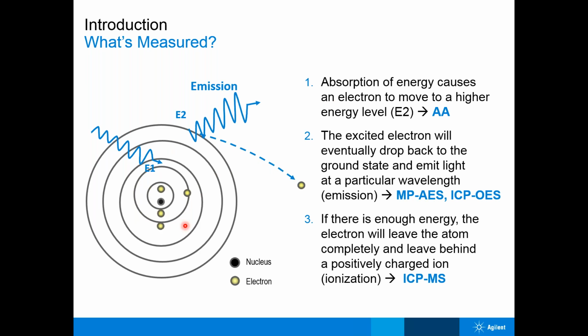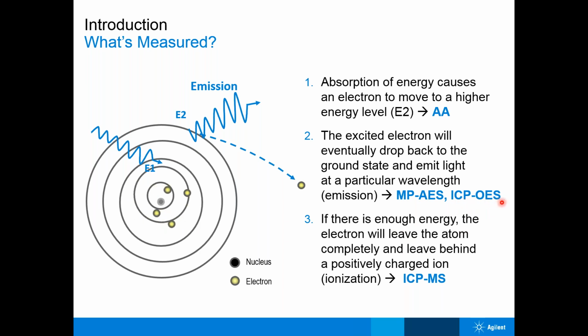This is measured by a technique called AAS. The excited electron will eventually fall back to the ground state, and the emission of light from the excited to the ground state is measured by techniques called MP AES and ICP OES, that is, inductively coupled plasma optical emission spectrometry.